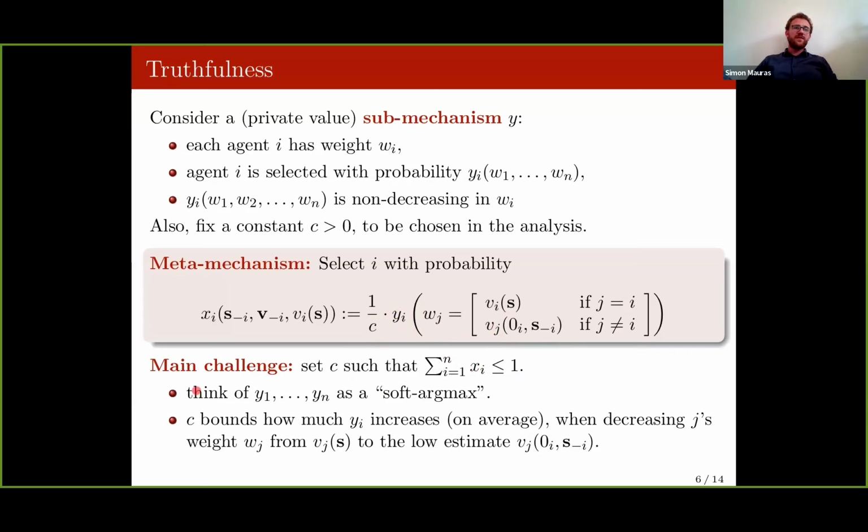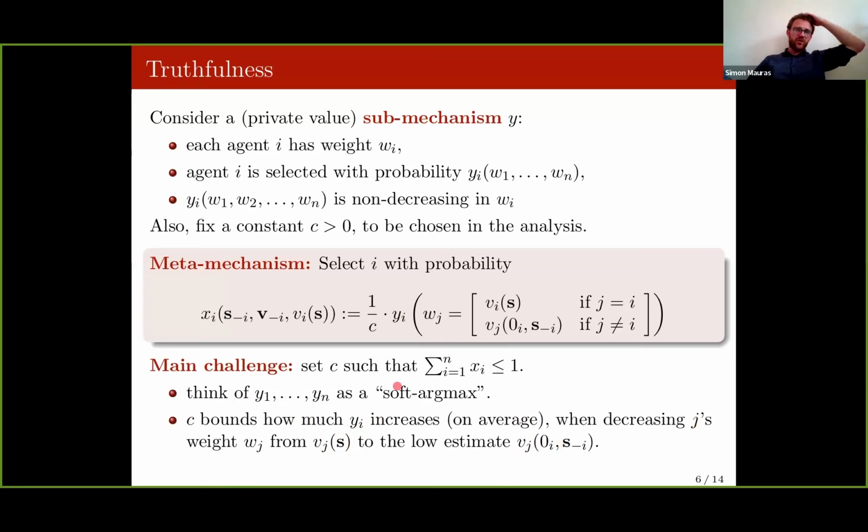And so you can think of y1 through yn to be some kind of soft argmax function that will try to select the max, but try also to be smooth so that it's robust to small changes in people's value. And you can think of c as a bound on how much yi, so the probability, will increase on average when you decrease j's weights from their true value to their low estimate proxy value.